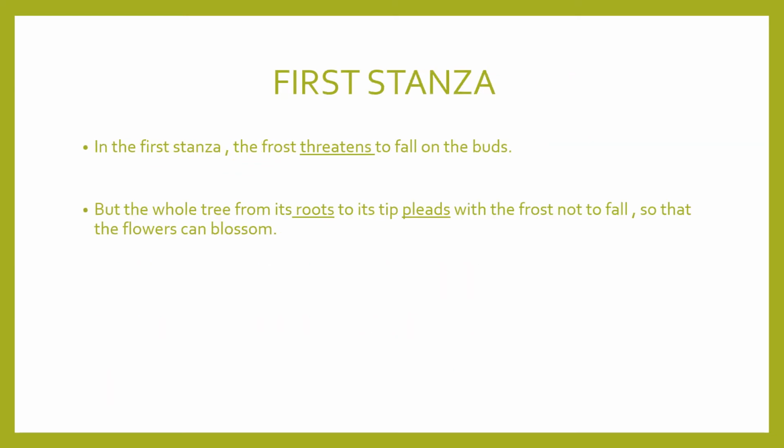Now let us come to the first stanza of the poem. What is there in the first stanza? In the first stanza, the frost threatens to fall on the buds. What is there in the beginning on the tree? In the very first line, which I asked in the quiz also, the tree had leaves and buds. So the frost threatens to fall on the buds.